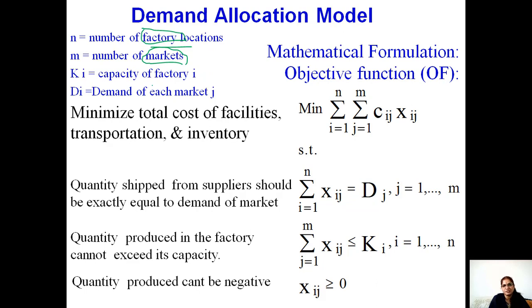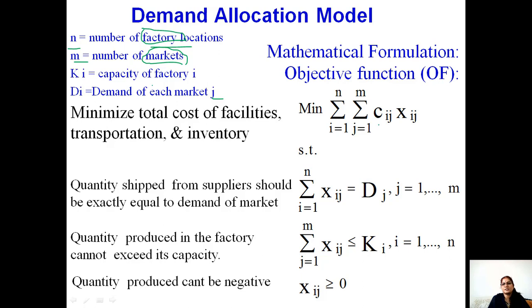In the example I just showed, N was 3 and M was 4. So N will take only one value, 3, whereas i will take all different values from 1 till N. Could be 1, 2 or 3. j could be 1, 2, 3 and 4, depending on which warehouse I am referring to. So these are the meanings of N, M, i and j.